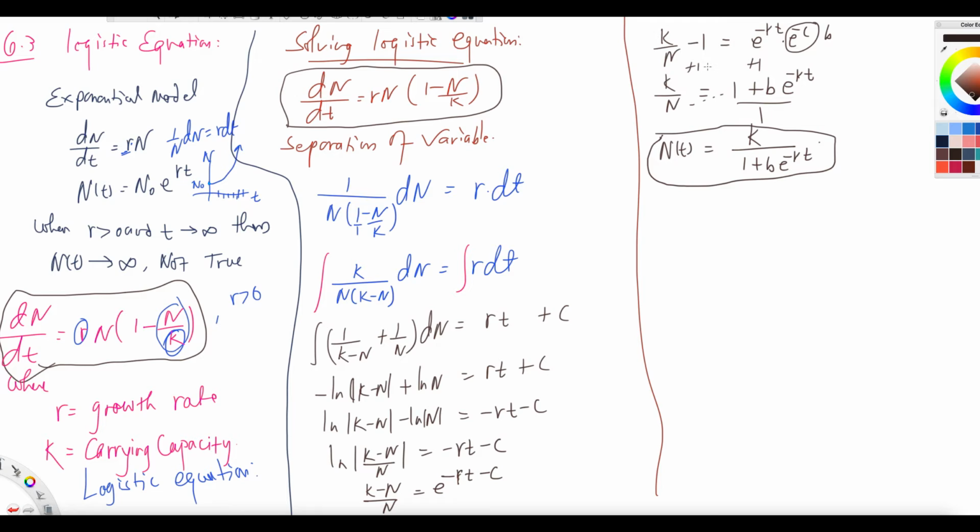Okay guys, so I want to do one example. This example is almost like example number 62 from your book, so it is similar to that. Let me write down the question.